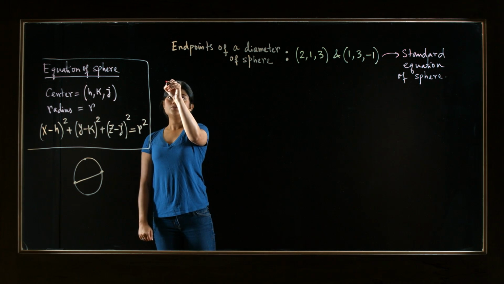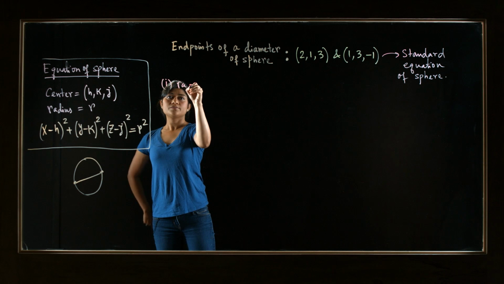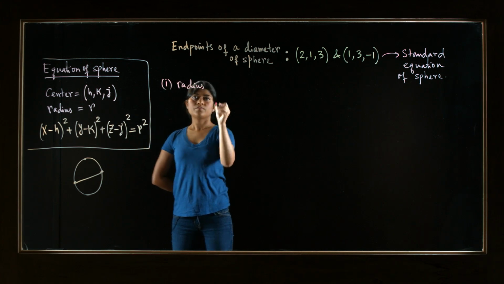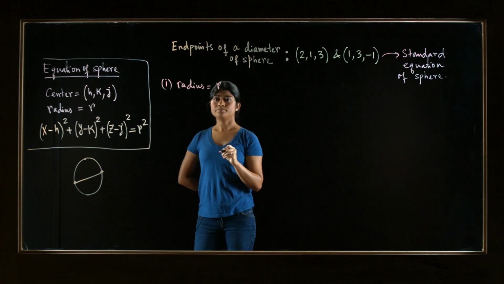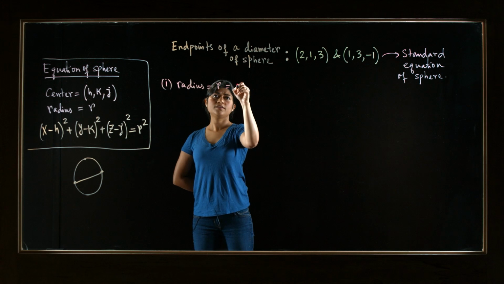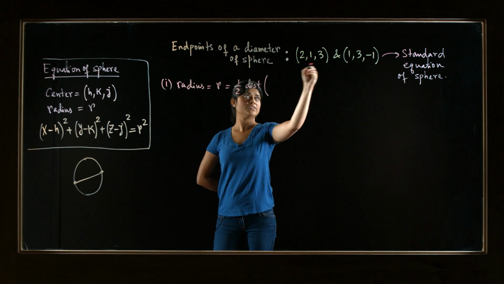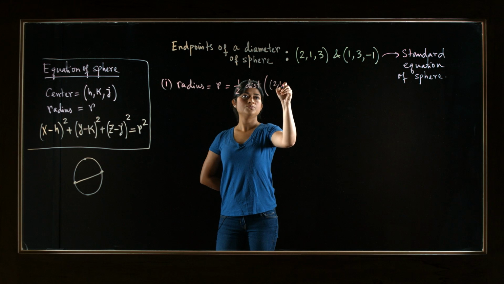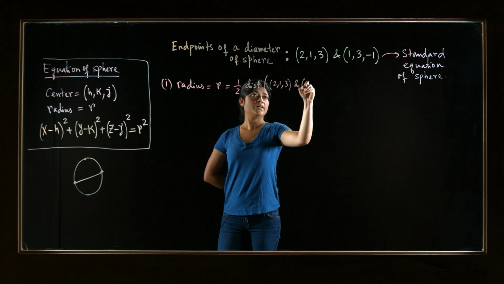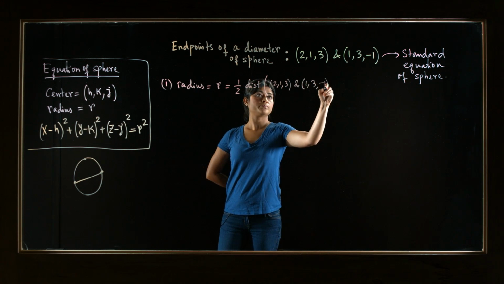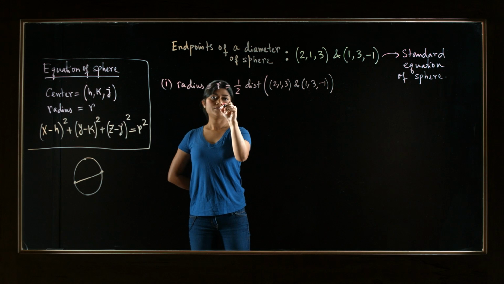So let's compute the radius r, and that will be half the distance between these 2 points, (2, 1, 3) and (1, 3, -1).